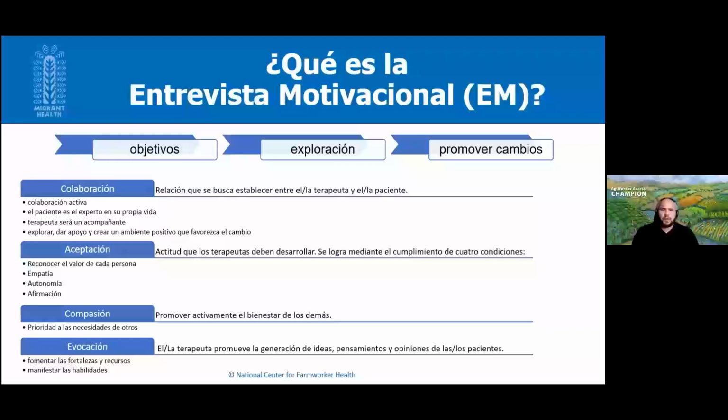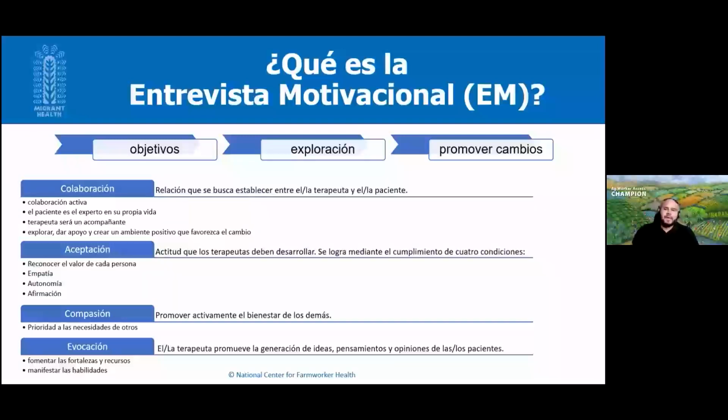Also, motivational interviews are a technique in which the therapist or counselor can become a collaborator in the patient's change process. This person will create a relationship with the patient, and it's going to help to promote these changes in behavior that are going to improve the patient's health.